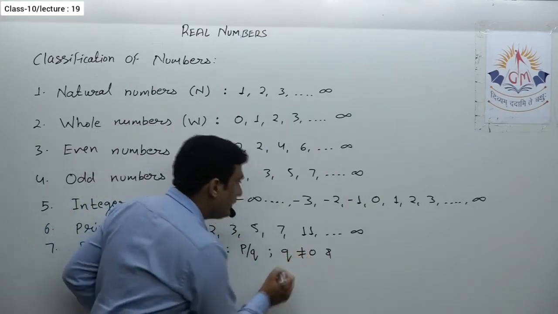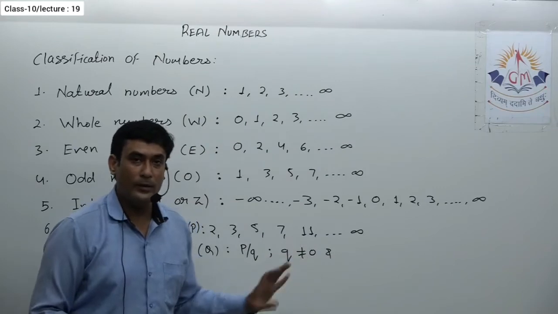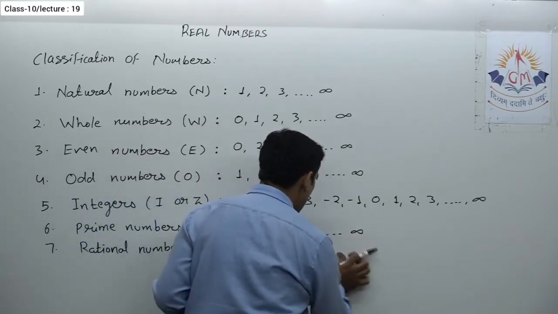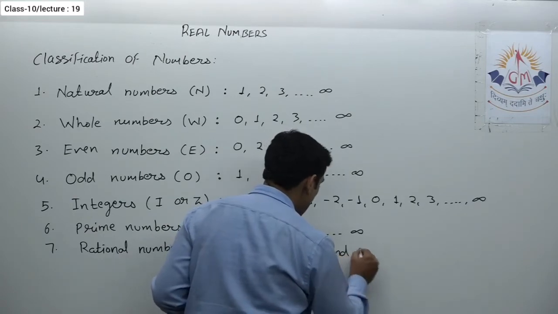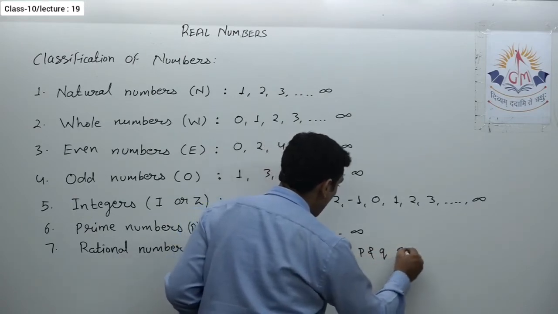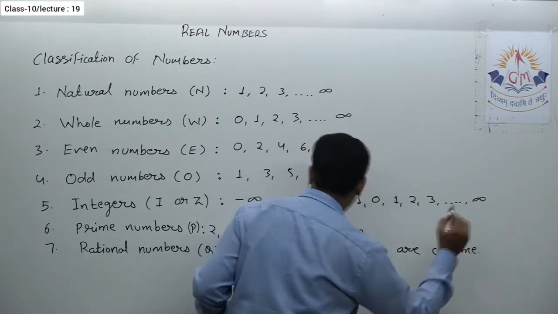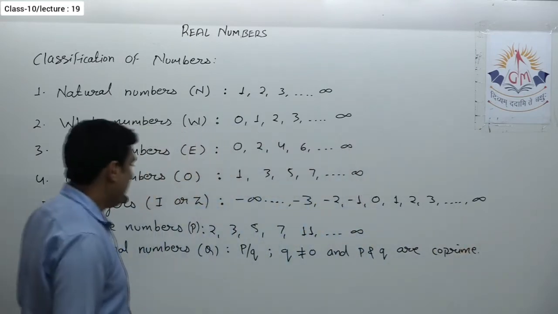Co-prime means two numbers which do not have any common factor. So those are called the rational numbers.